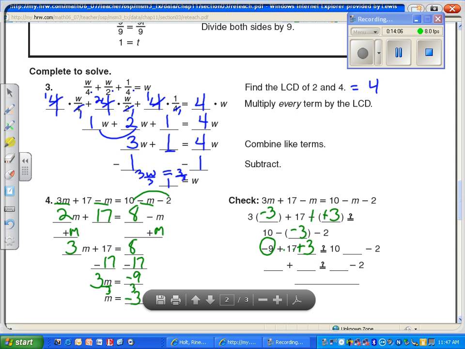We keep change. And then 10 minus a negative 3 is going to end up being 10 plus 3 minus 2. So we've got negative 9 plus 20, and then we've got 13 minus 2. That's going to be 11. 13 minus 2 is 11, and it checks out, and we're all good.